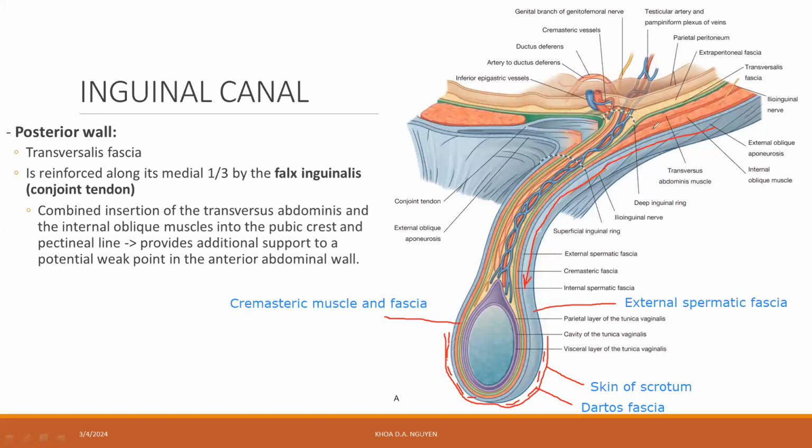It comes from this layer here, the internal oblique muscle, okay? And then after that, you will have this layer of green that is inside here. And this one is finally called the internal spermatic fascia. And what it is, okay, it's basically the continuation of this fascia, that is the transversalis fascia, okay, that is up in the abdominal cavity.